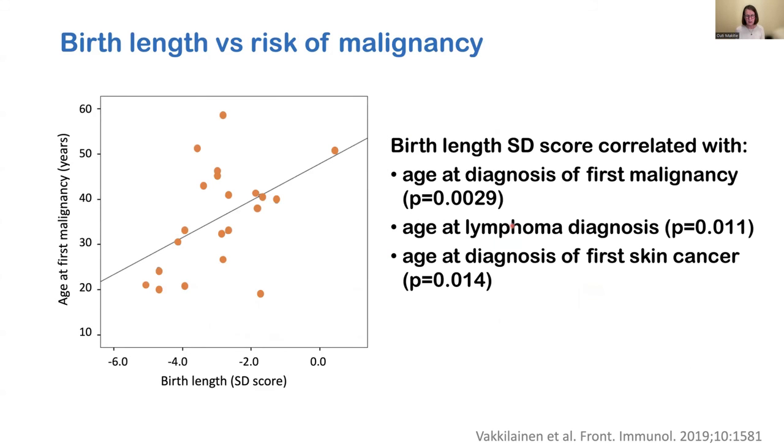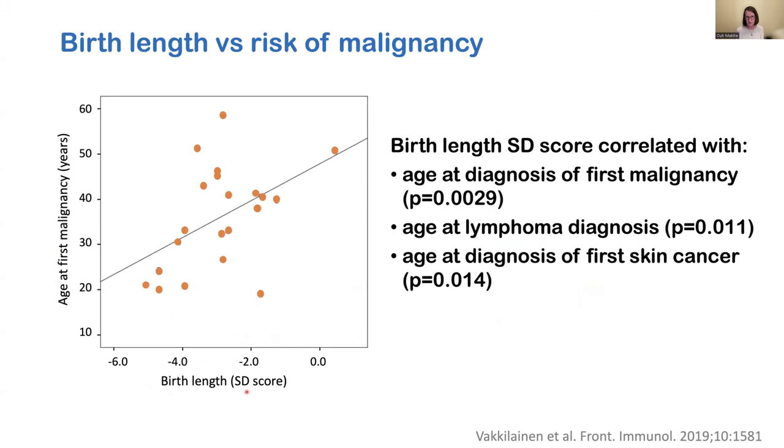We could here show that the birth length SD score correlated with age at diagnosis of first malignancy and age at lymphoma diagnosis, and also age at diagnosis of first skin cancer. So this is age at first malignancy versus birth length.